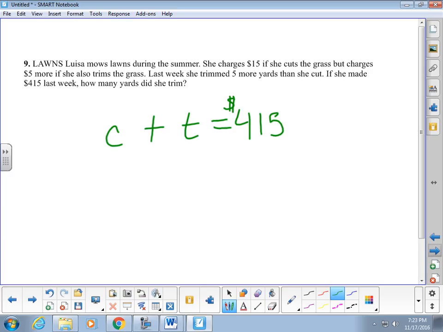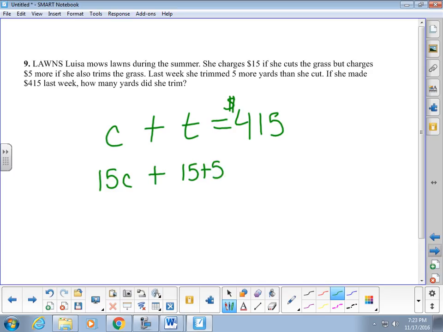So we don't know how many yards she cut, but we do know that she charges $15. So for this cut, I'm going to do 15 for each cut that we do. Plus, I know that whenever she trims, she also charges $5 more than if she cut the grass. So for whenever she trims, I got 15 plus 5 because she's charging $5 more.